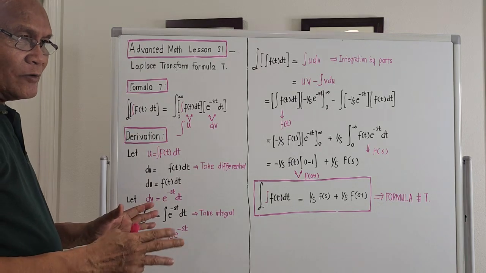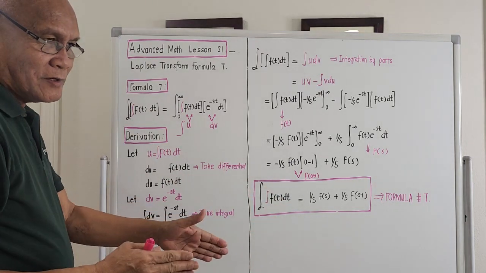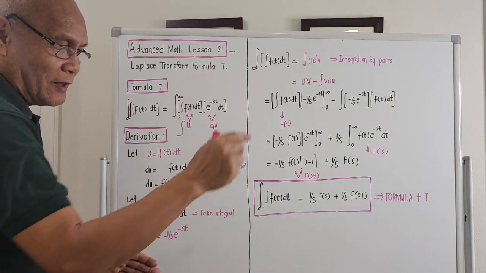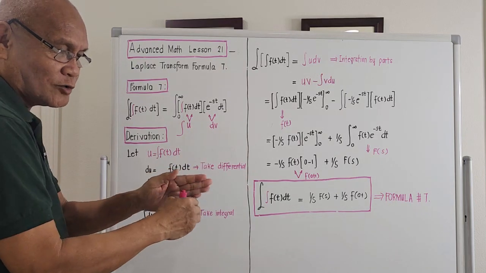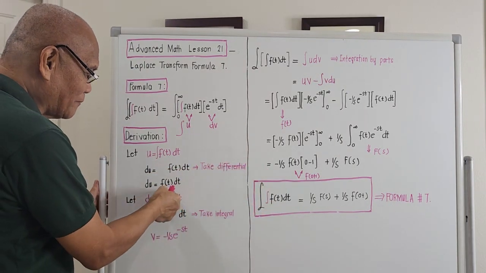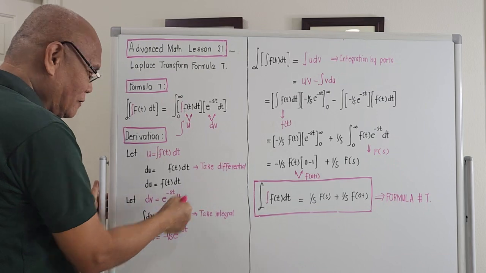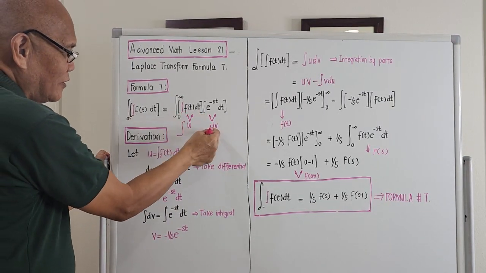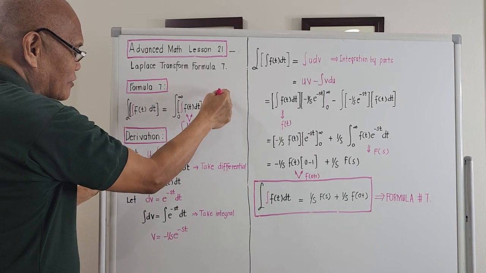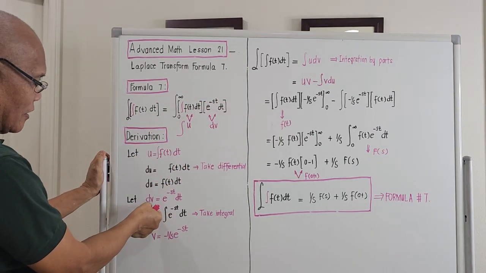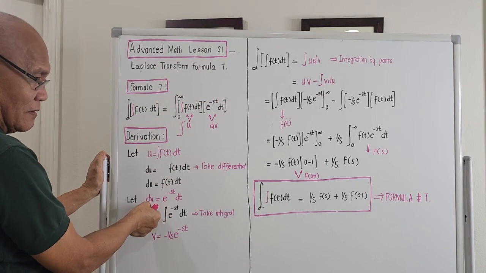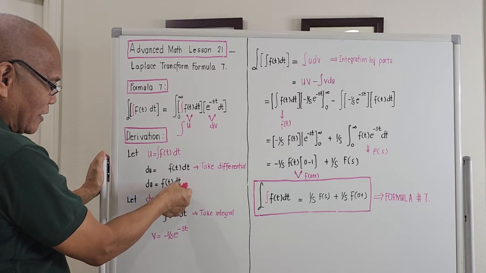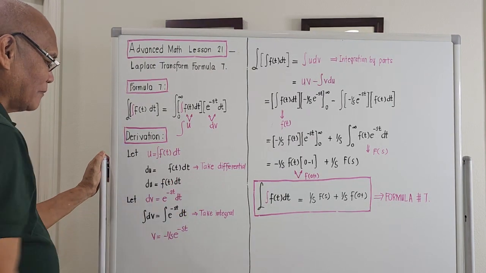The enemy of an integral is the differential, so the differential of any integral cancels out, and what remains is simply the given function. So if u is this one, dv will be e raised to minus st times differential time.